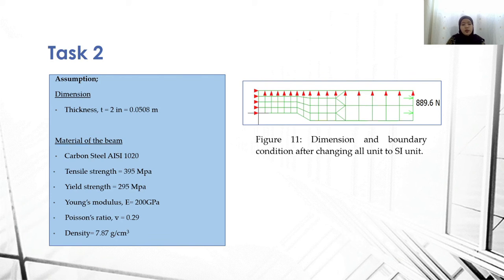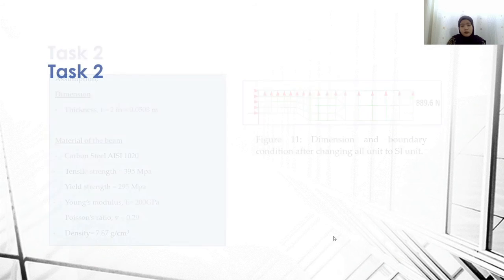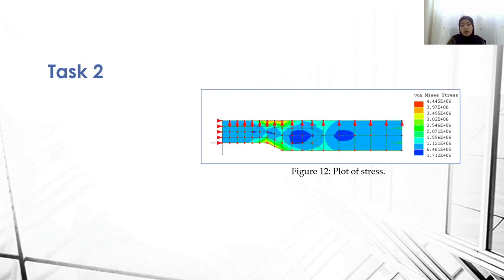The tensile strength is 385 megapascal, yield strength is 295 megapascal, Young's modulus is 200 gigapascal, Poisson's ratio is 0.29, and last but not least, density is 7.87 grams per cubic centimeter, where the unit will be changed into SI unit later. So here is the stress plot in figure 12.